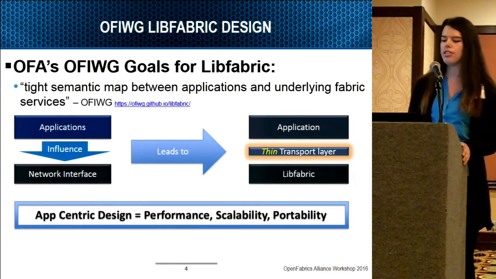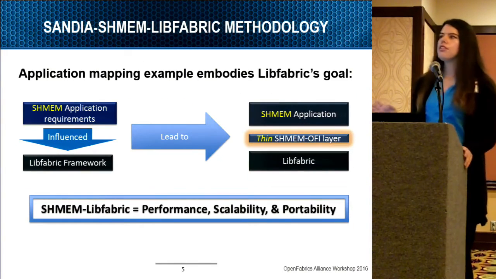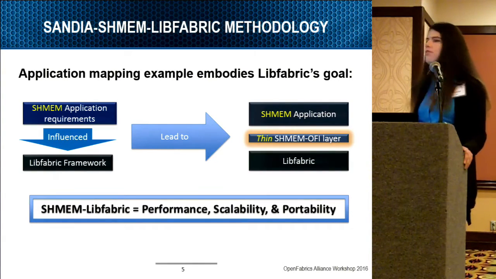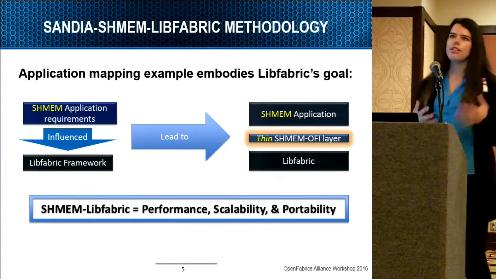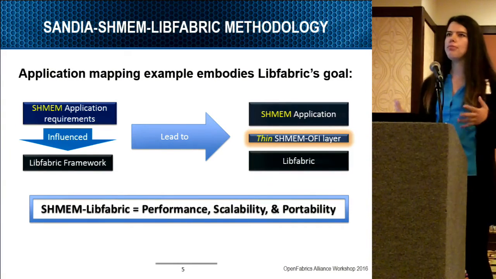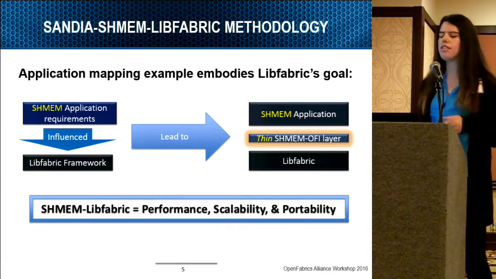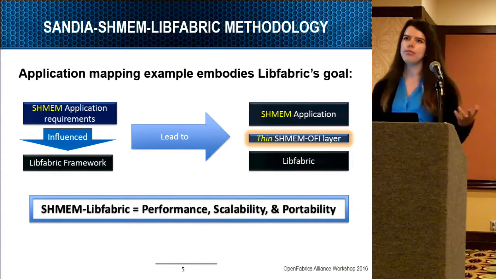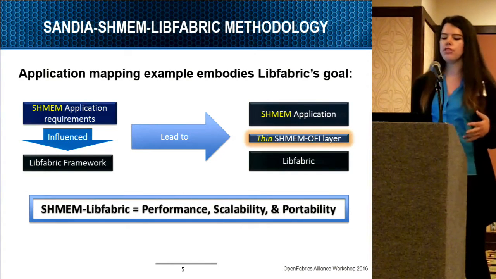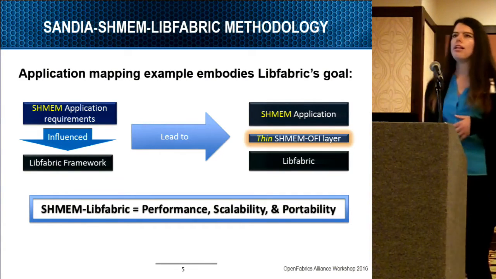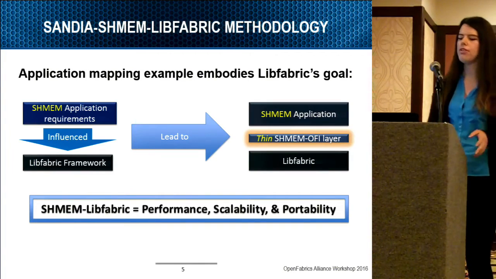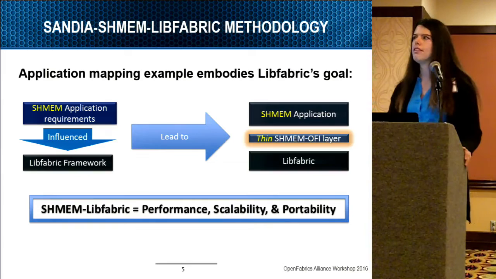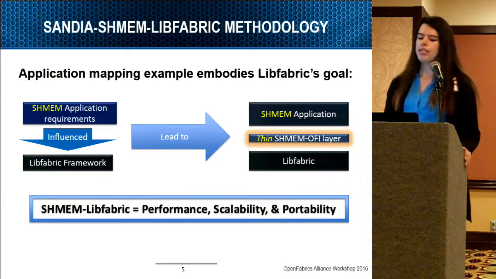And so the SHMEM-LIBFABRIC implementation is a great embodiment of us achieving this goal because the co-design of SHMEM-LIBFABRIC as well as the LibFabric interface kept LibFabric true to being application-centric. It kept the requirements for what the PGAS community and specifically SHMEM was asking for, as was defined by the labs during the OFIWG's discussions, as a first-class citizen in the LibFabric development.